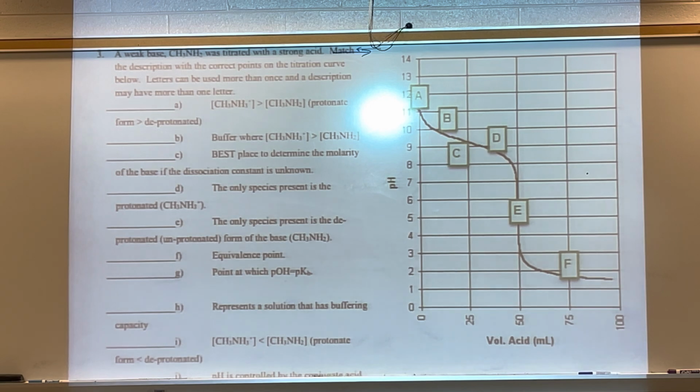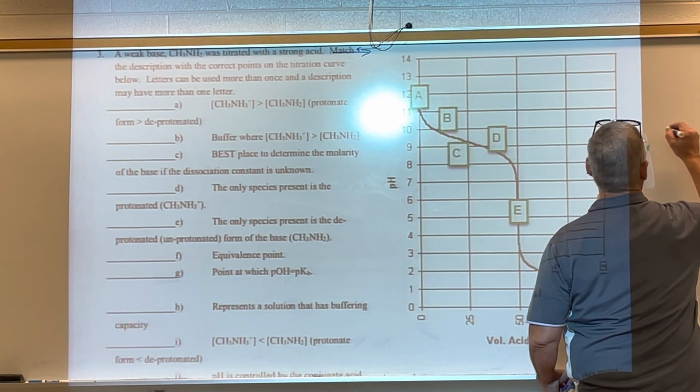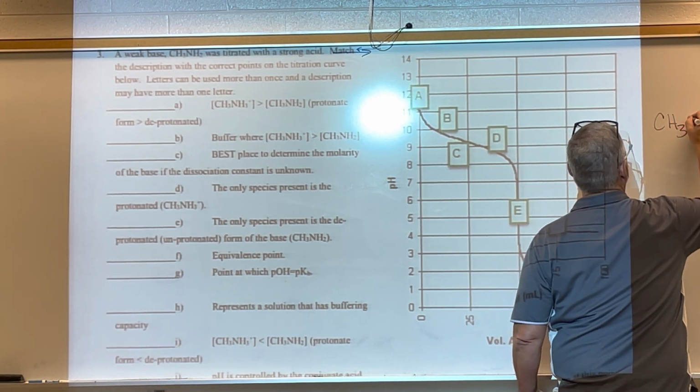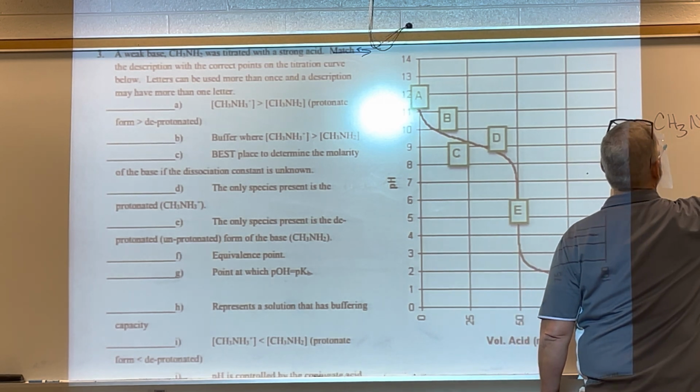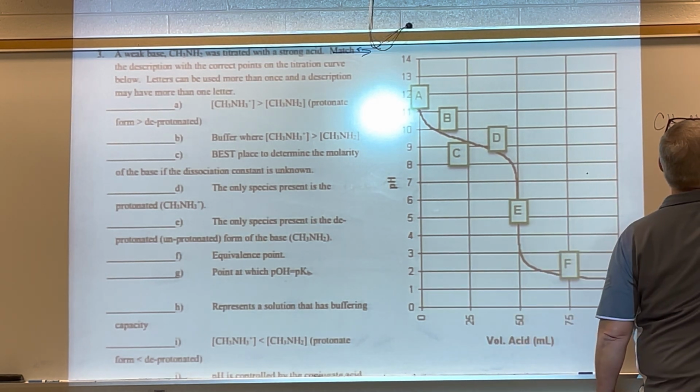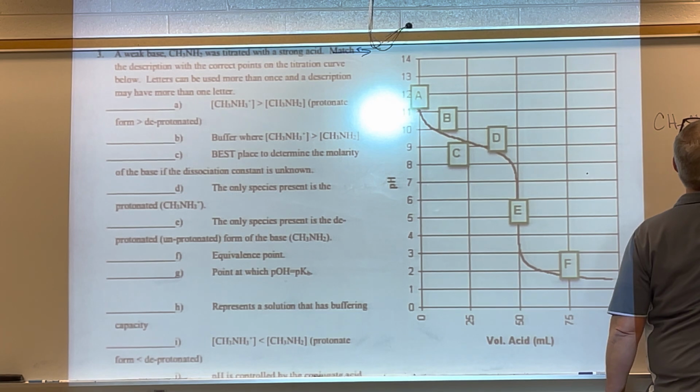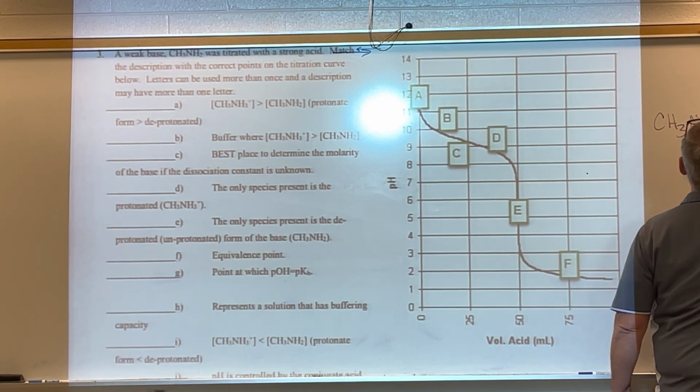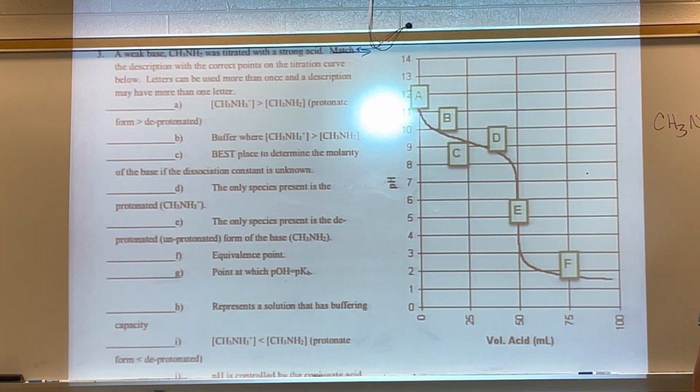Remember, we're starting with CH3NH2. We're adding the acid, and we're making it go to CH3NH3 plus, plus OH minus. That's the reaction it's going to have with water.